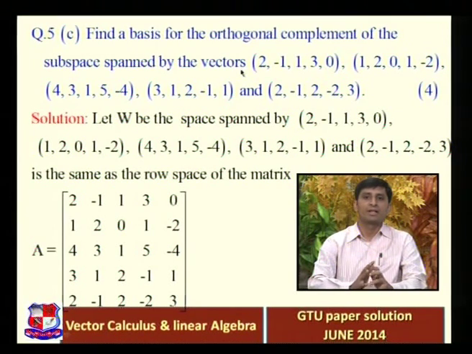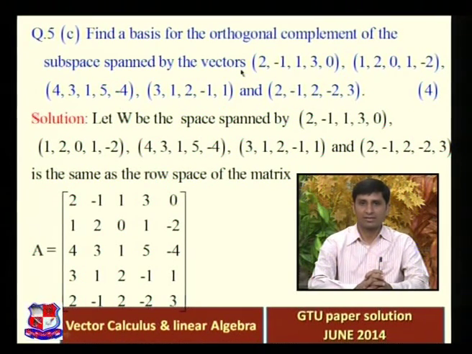You can see here we have a total of 5 vectors of R5, right? And we have to find the basis for the orthogonal complement of the subspace spanned by these 5 vectors of R5. So there is one important theorem which we will use here.